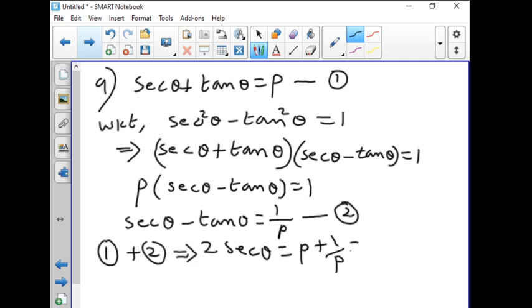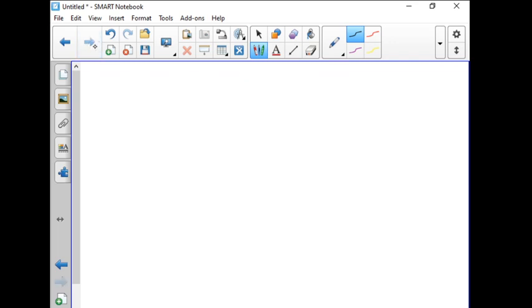Take LCM. P is the LCM. So P square plus 1. Therefore, secant theta is equal to P square plus 1 by 2P. Similarly, now subtract.